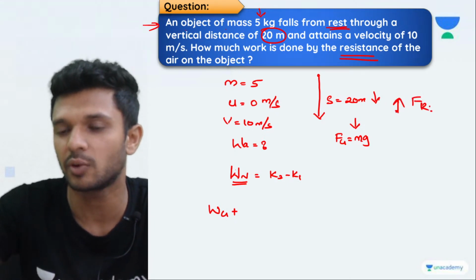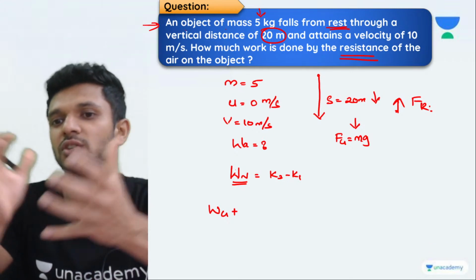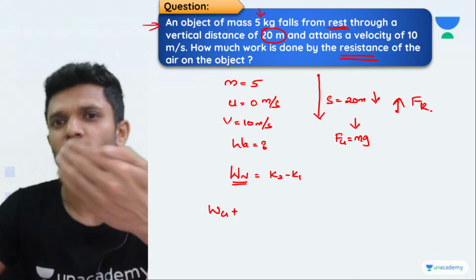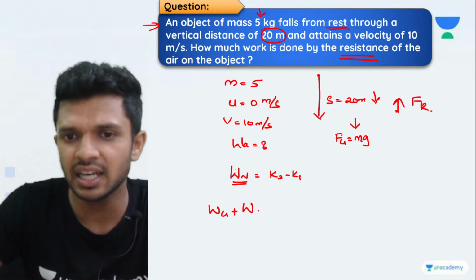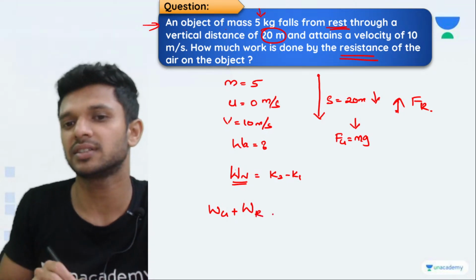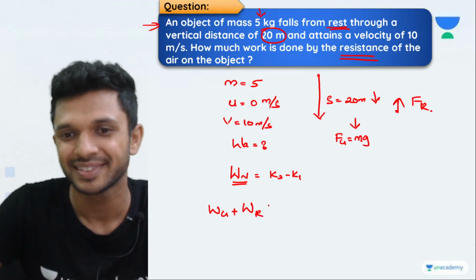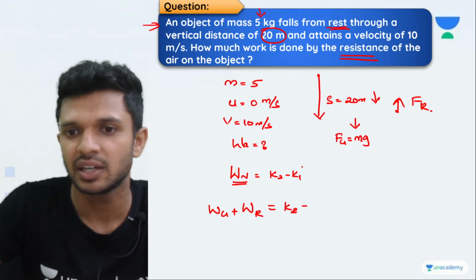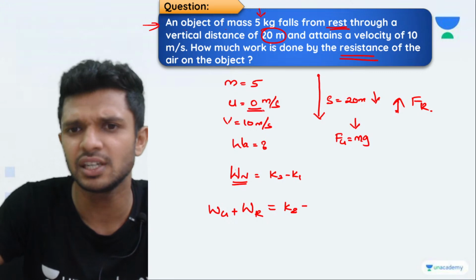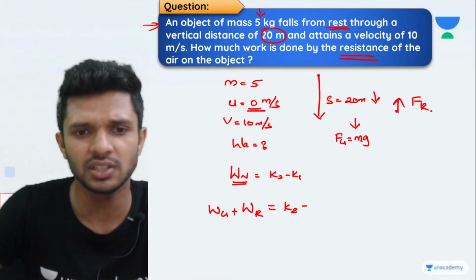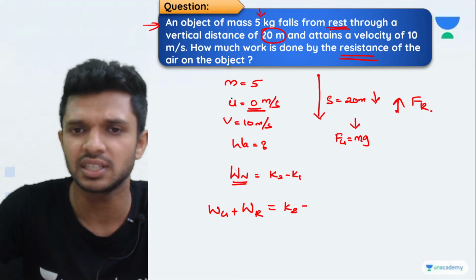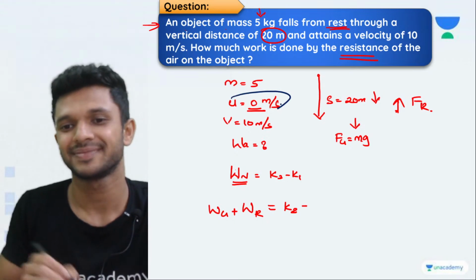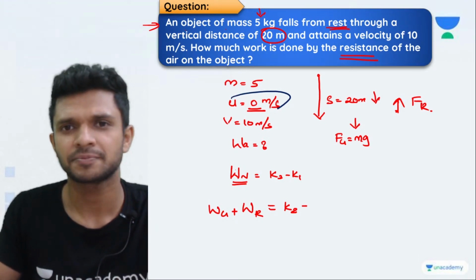So Fr is the resistive force given by air in the upward direction. If a force is there, a work will also be done by this resistive force, which we want to find out, is equal to kinetic energy final minus initial kinetic energy, which is 0. Why does it have to be 0? It has to be 0 because the initial velocity is 0. So it is K2. Clear?